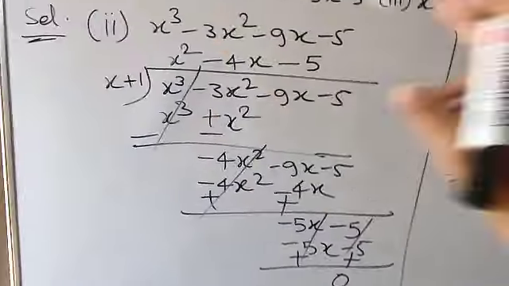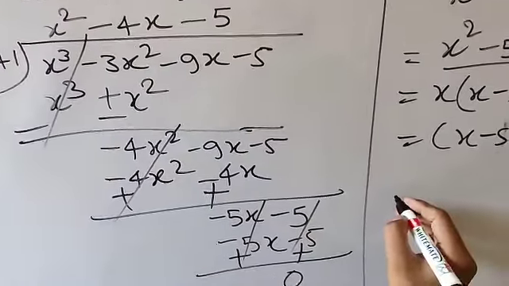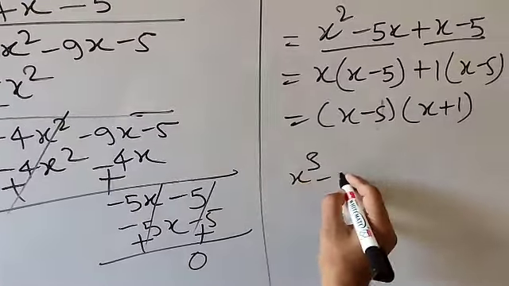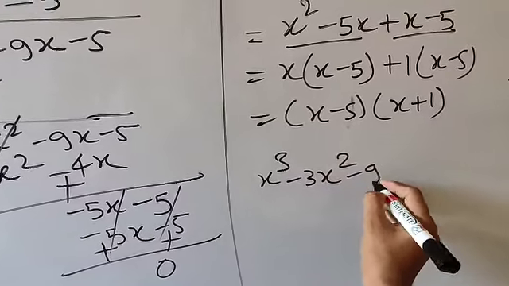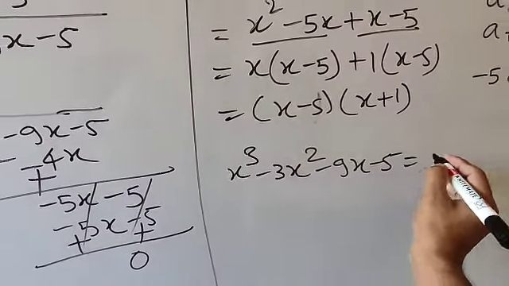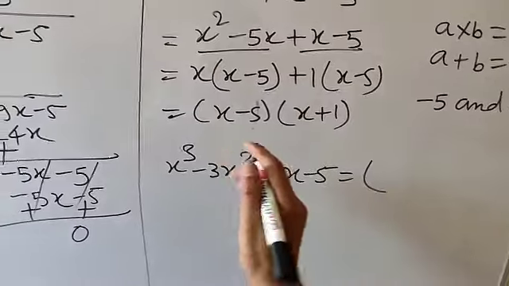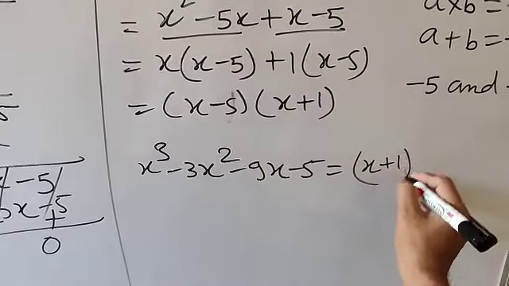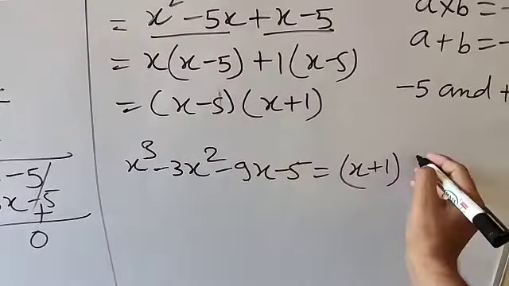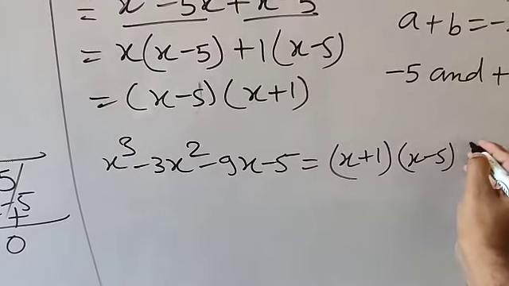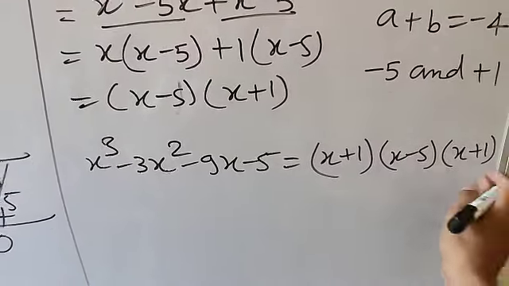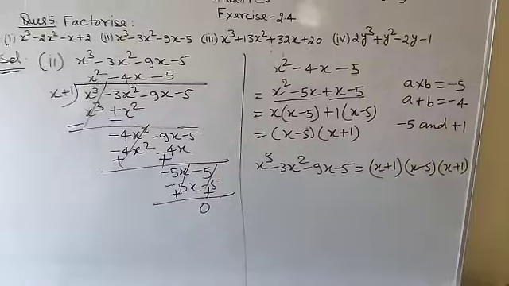So here you will write the polynomial. The polynomial is x cube minus 3x square minus 9x minus 5, and after factorization, the first factor you got is x plus 1, and the rest of the two factors are x minus 5 into x plus 1. So these are the three factors of the given polynomial.